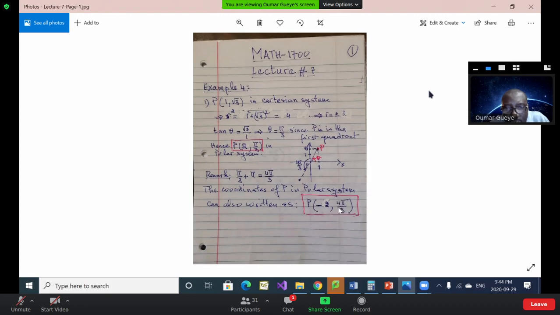And when you get the angle, if r is positive, you stay in the same quadrant in order to find your point. So for example, this point, if r was positive, it was 2, the point gonna be here. But since r is negative, you have to take the symmetry, gonna be this point. With the negative sign of r, you get this point. Because this angle is in the third quadrant, and with the negative sign, I'm gonna send this point right here.